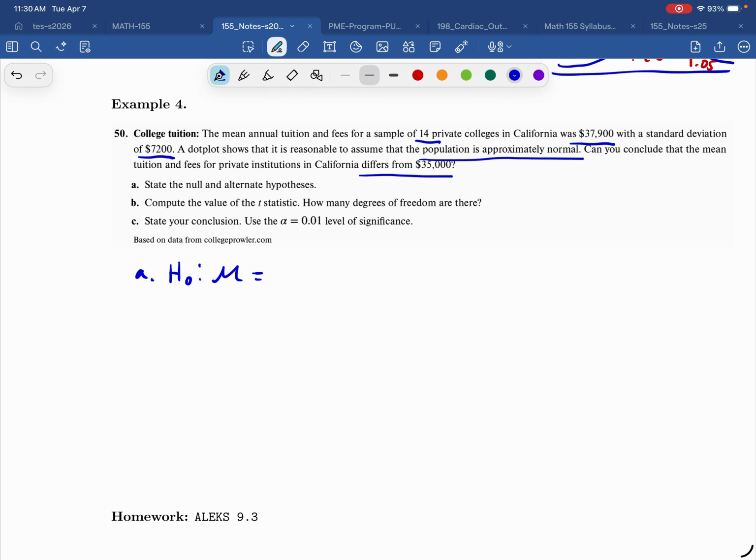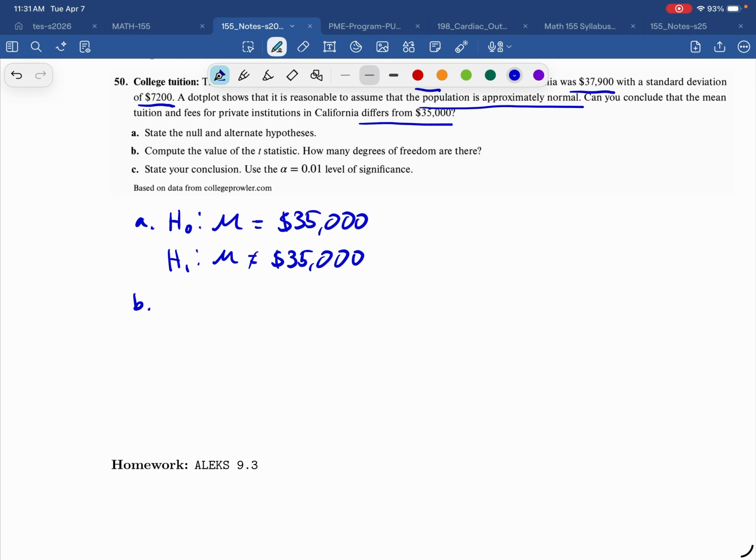Mu is going to equal 35,000. Make sure you know which mean is your hypothesized value and which is your sample mean. And because they use the word differs, that's our alternative hypothesis, okay?